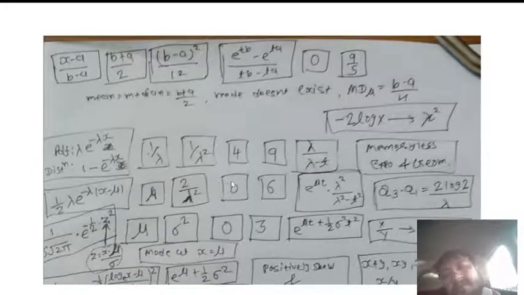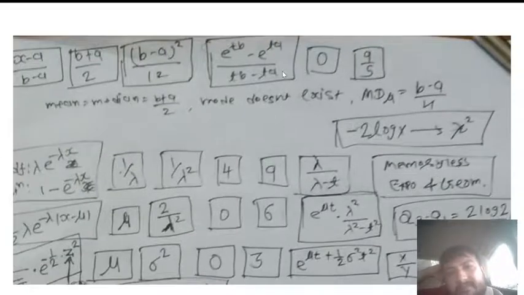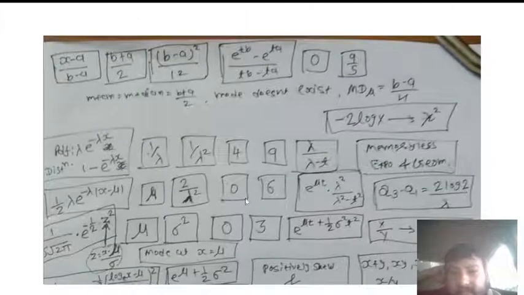Just see another similarity: rectangular distribution has skewness 0, double exponential distribution also has skewness 0, and normal distribution also has skewness 0. So, all three are symmetric.